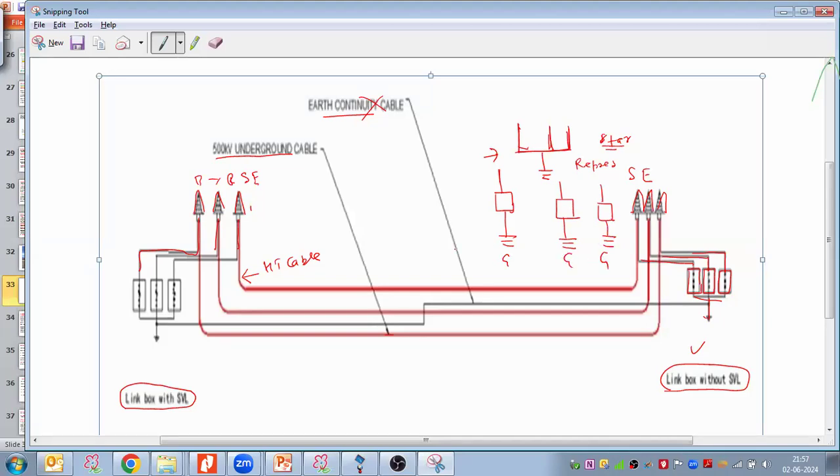So either I can represent like this, or since this is the mother earth that is common, instead of representing 3 individual groundings, we can do like that as well. Okay, sir. Both have a similar meaning.